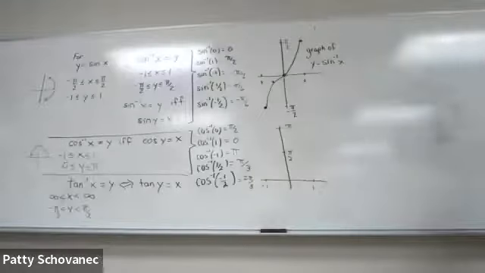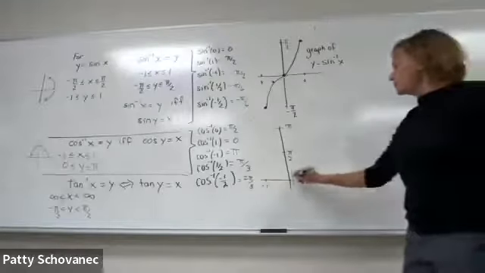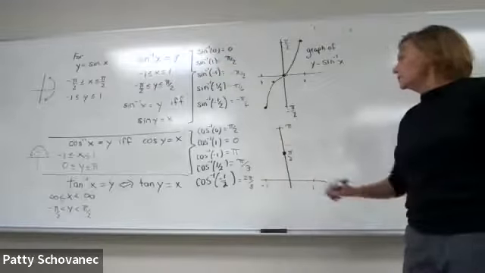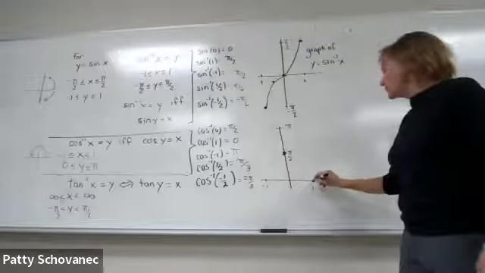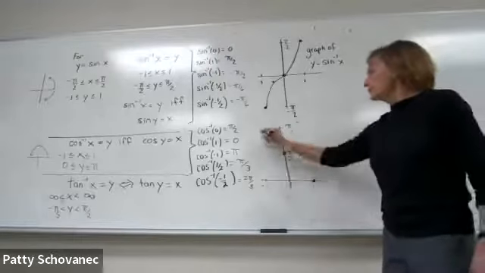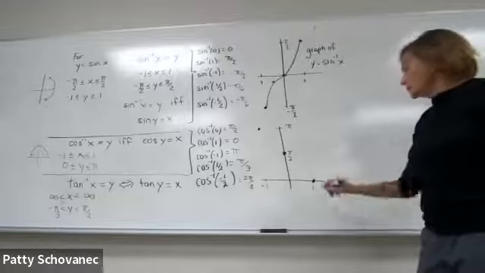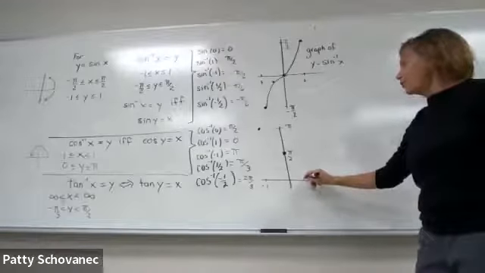The inverse cosine of 0 is pi over 2, so that's the ordered pair 0, pi over 2. Inverse cosine of 1 is 0. Inverse cosine of negative 1 is pi. The inverse cosine of 1/2 is pi over 3.